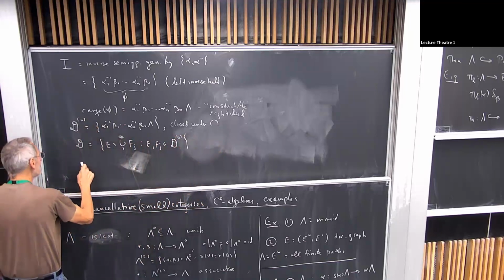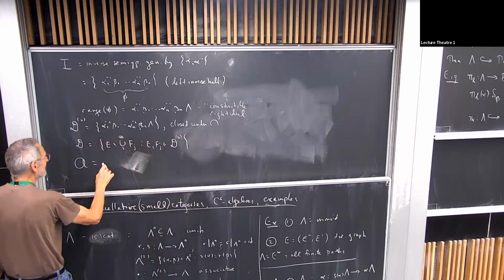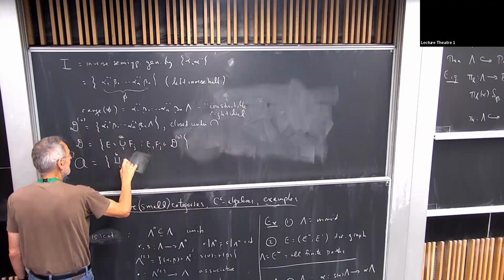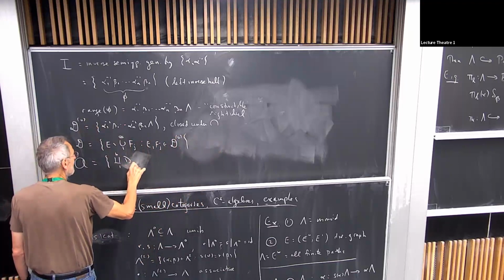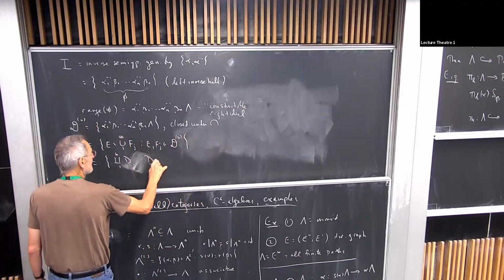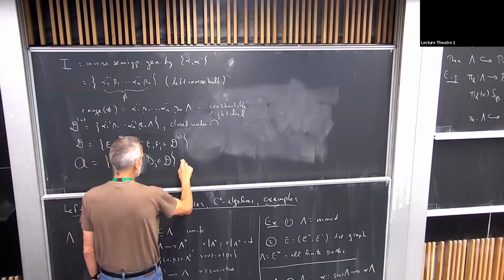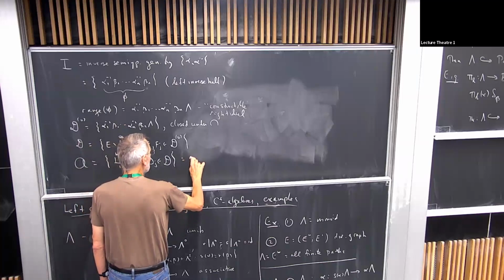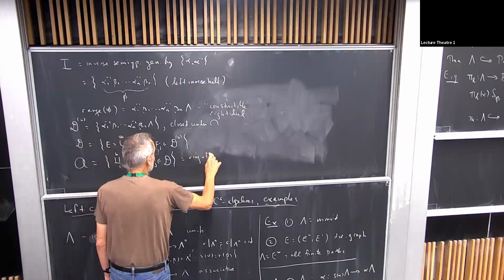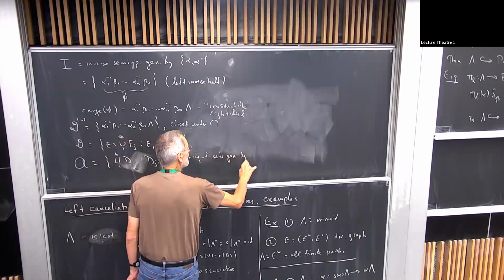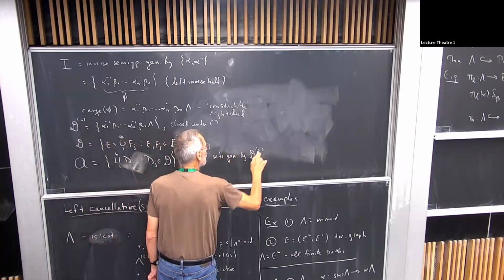And then I let curly script A be the set of all finite disjoint unions of sets from this curly script D. And it turns out, this is an easy exercise, the ring of sets generated by D0.